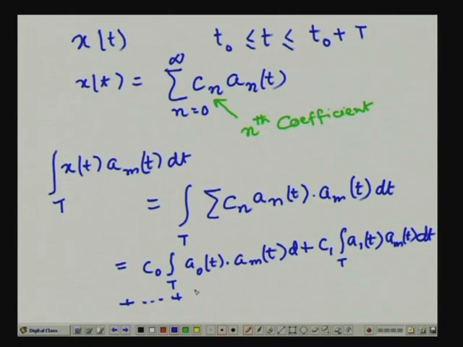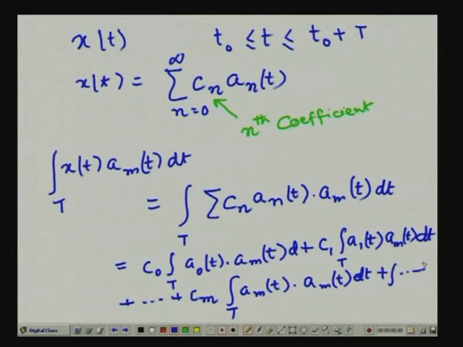We will have one term, say C_m, times the integral over T of a_m(t) into a_m(t) dt, plus some more integration terms.